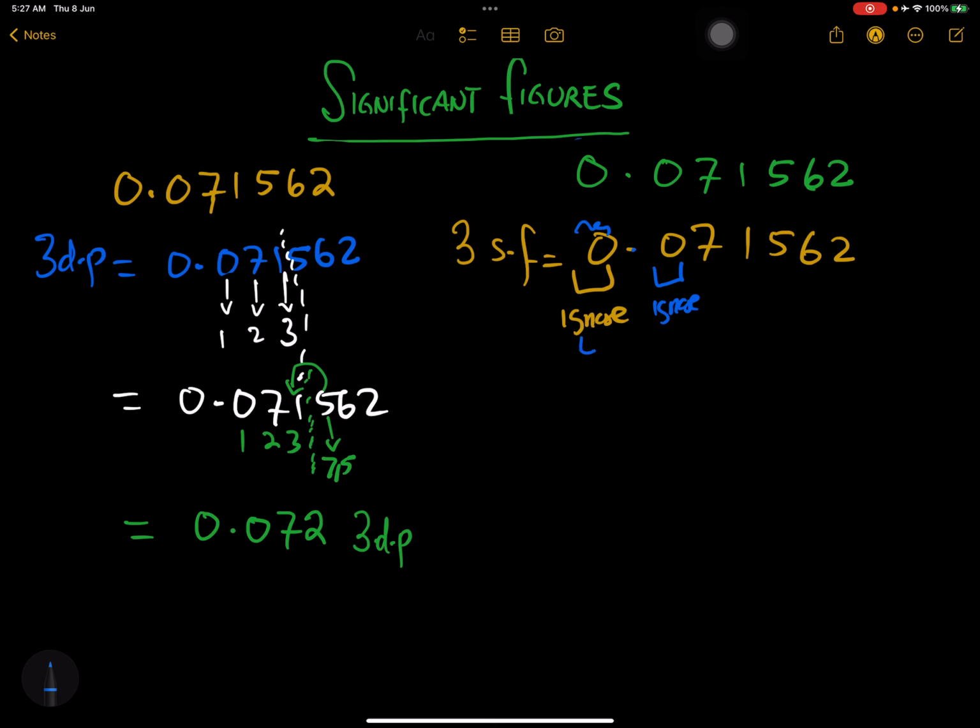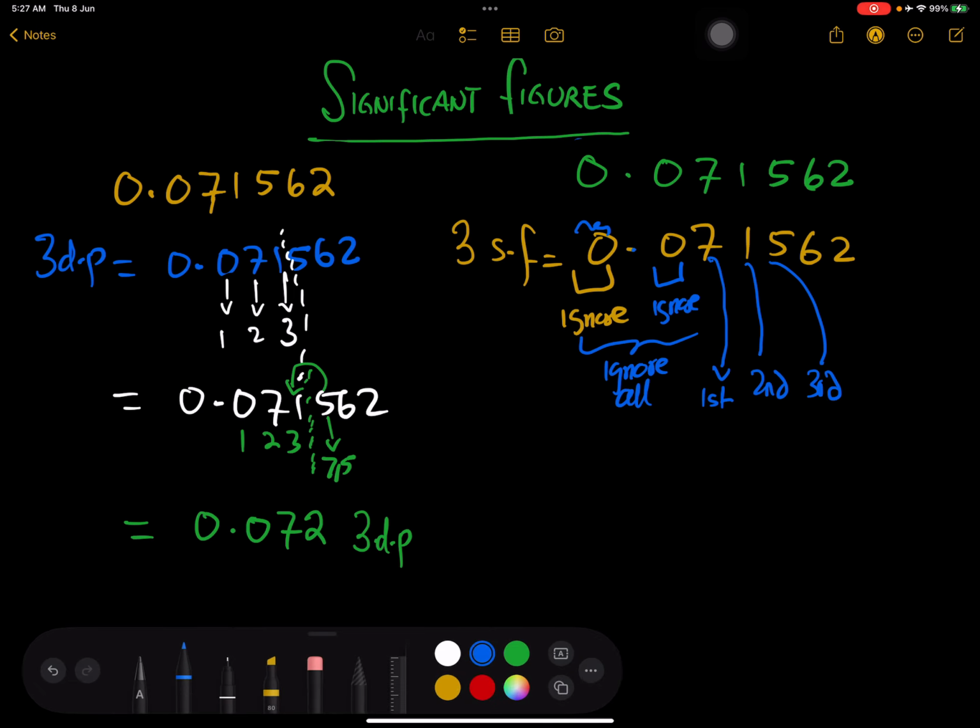So we ignore all of this. And then we can say that this is our first significant figure, this is our second, and this is our third significant figure.